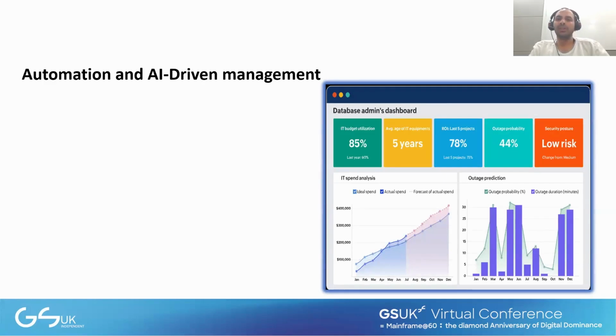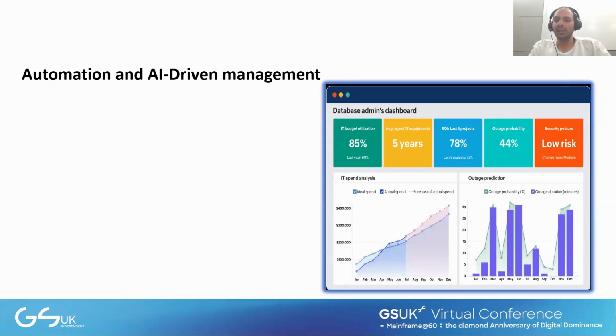Say it is a festive season, so there can be a spike in the transaction volume. But is my infrastructure coping with that spike? That is how we are analyzing the data in the backend, the past trends, and taking the necessary proactive measures to make sure we are handling the data in the future.